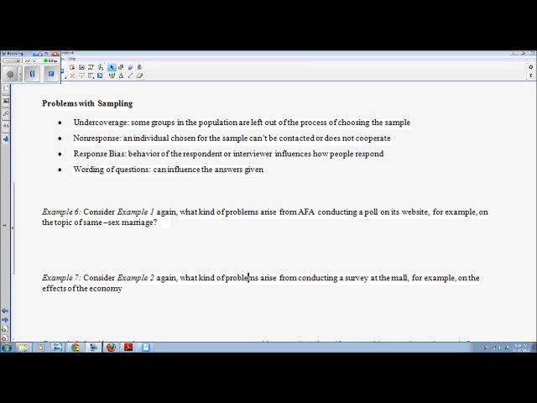Or giving people comments and influencing how they're going to answer the question, that is response bias. And also the wording of questions can influence the answers given. How you word the question can change how people respond, and we're actually going to do a project on that very soon, where you are going to purposefully be doing that and changing the question to get people to answer in a different way. Okay.